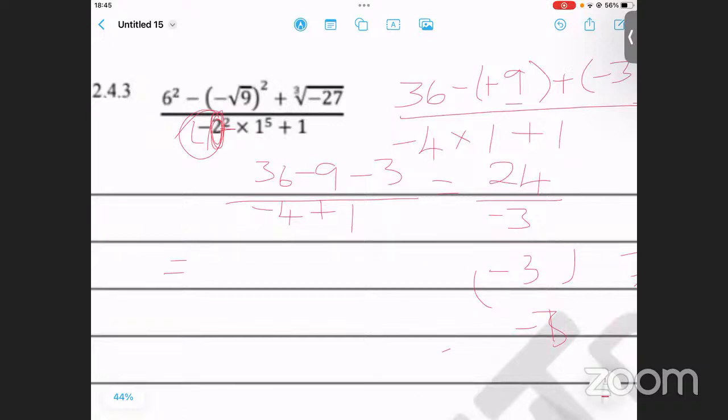How many times does 3 go into 24? We have 3, 6, 9, 12, which is 4. And 12 plus 12 is 24. So it's going to be 4 times plus 4 times, which is equal to 8. Because it's a minus, we're going to have a minus 8. That means minus 8 is going to be our final answer.